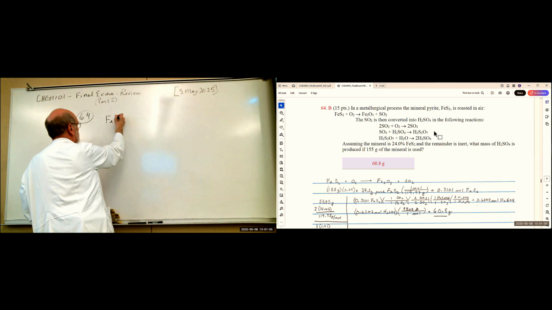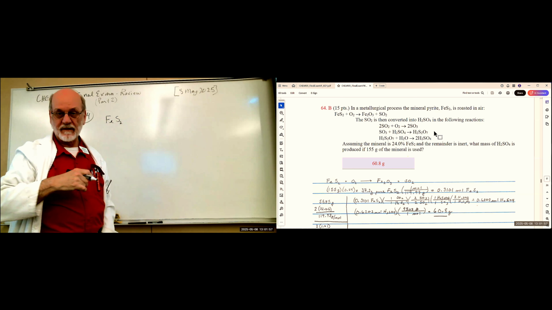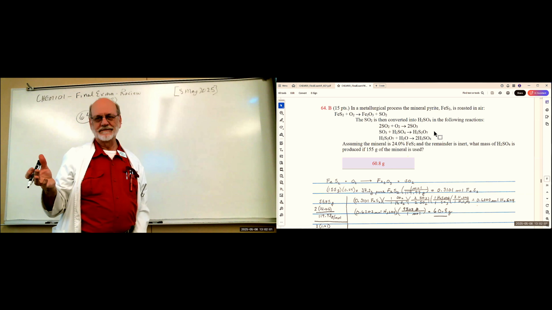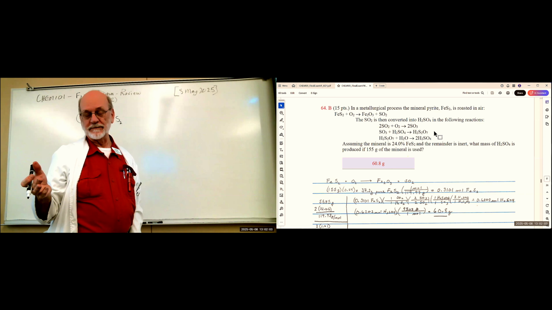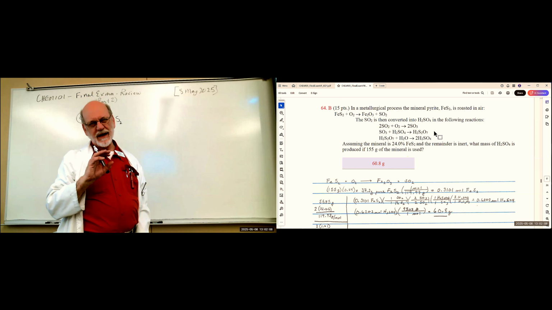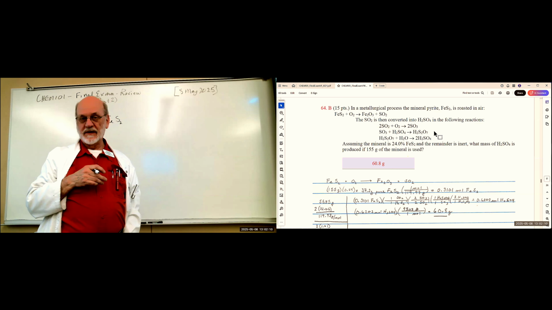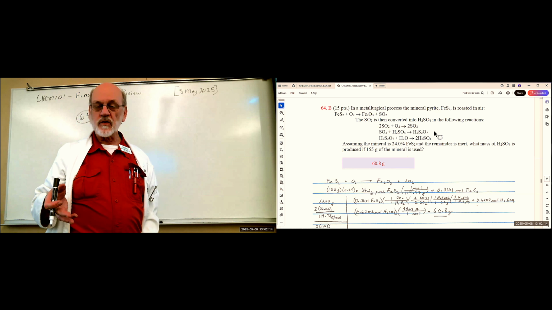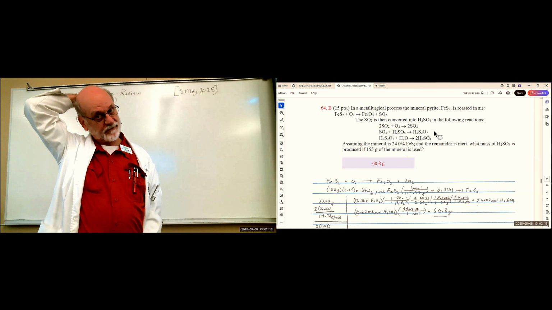This is pyrite. Right? What other name does it go by? Fool's gold. This mineral looks like gold as far as its color goes, but it has an entirely different structure. It's a crystalline structure, whereas gold is a metal.